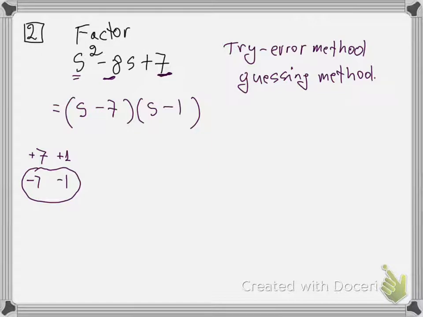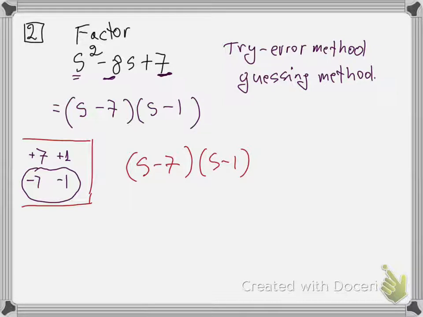So let's check this real quick. (s minus 7) times (s minus 1). S times s is s squared. Then distribute s into s and s into -1, so minus s.